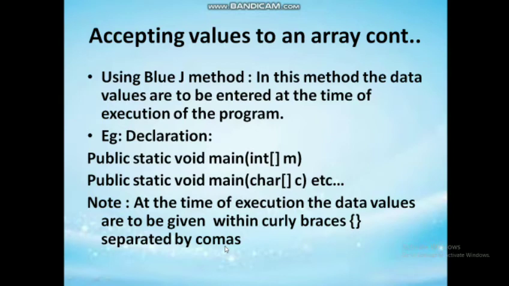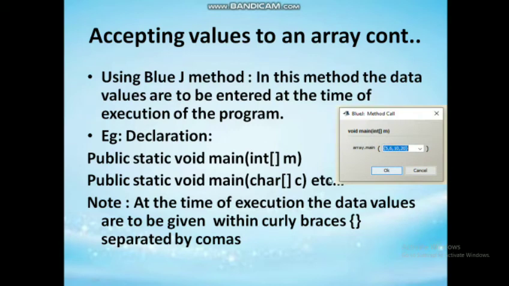Since it is an array, we have to mention the values inside the braces, separated by commas. Like in this example, while running, BlueJ will ask like this. So array dot main, it will ask for the values to be entered here, and you have to mention them inside the curly braces. The values have to be given with a comma in between.